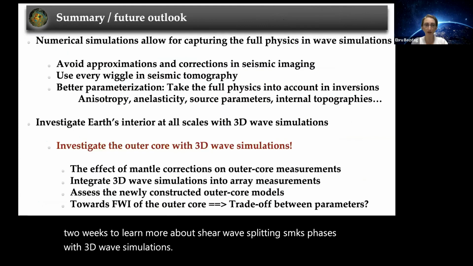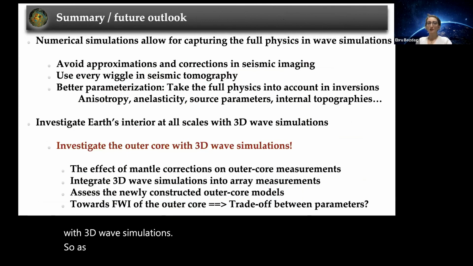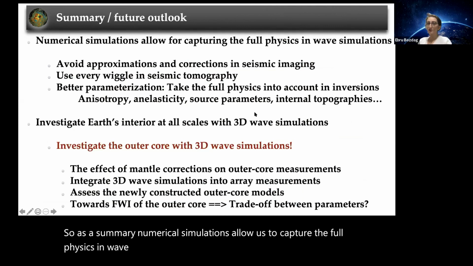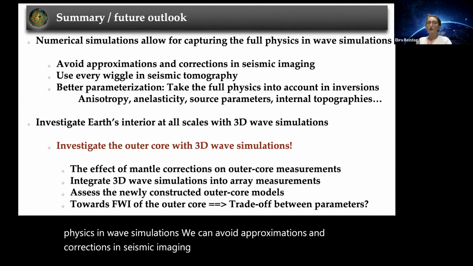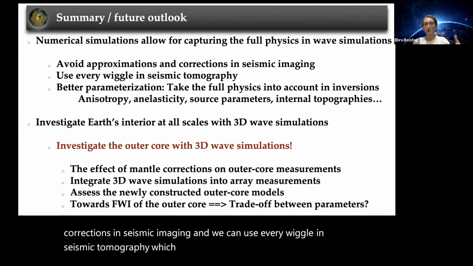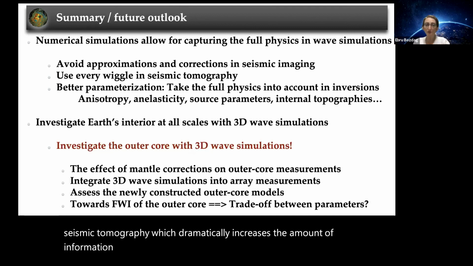So as a summary, numerical simulations allow us to capture the full physics in wave simulations. We can avoid approximations and corrections in seismic imaging. And we can use every wiggle in seismic tomography, which dramatically increases the amount of information that goes into seismic images.